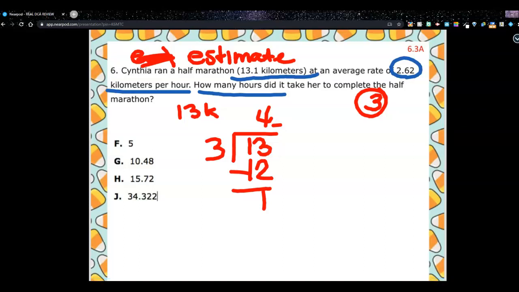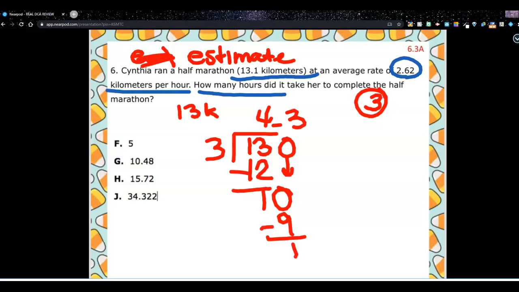Okay. And I'm going to add a 0 and bring that down. So now it's 10 down here. How many times can 3 go into 10? 3 times, right? Because 3 times 3 is 9. That's going to give me 1. I'm going to stop there. So my answer should be right around 4 times.